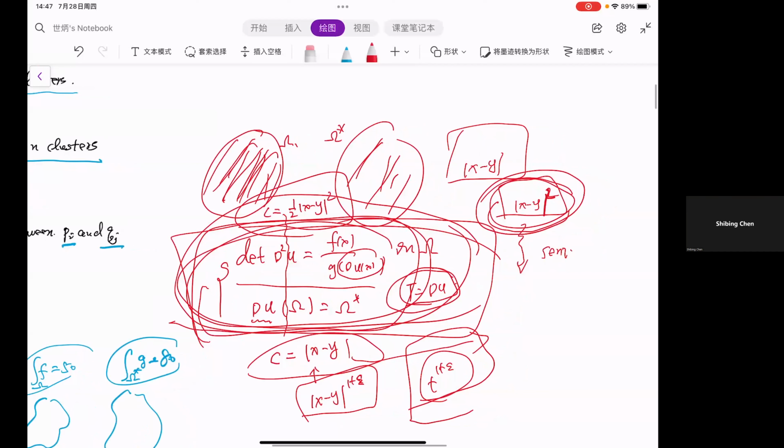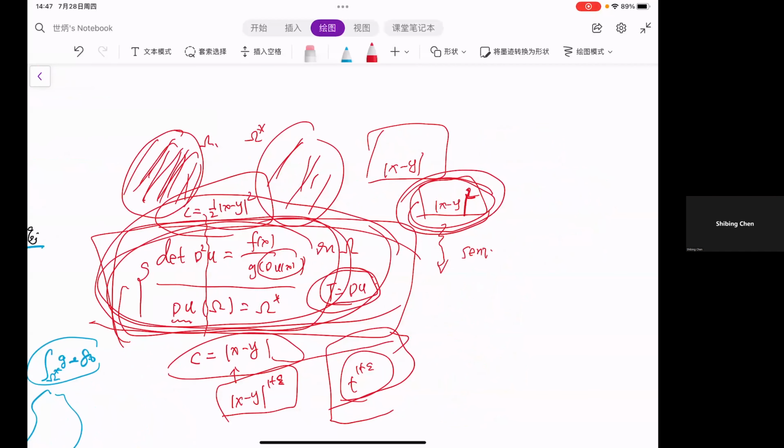I'm not very familiar with what they have done in economics, but I recall that people in economics, first of all, maybe omega equals omega star. This is okay. We also allow omega equals omega star in the classical optimal transport problem. And maybe they are interested in cost functions like |x minus y| to the power p, but p is greater than 0 and less than 1.